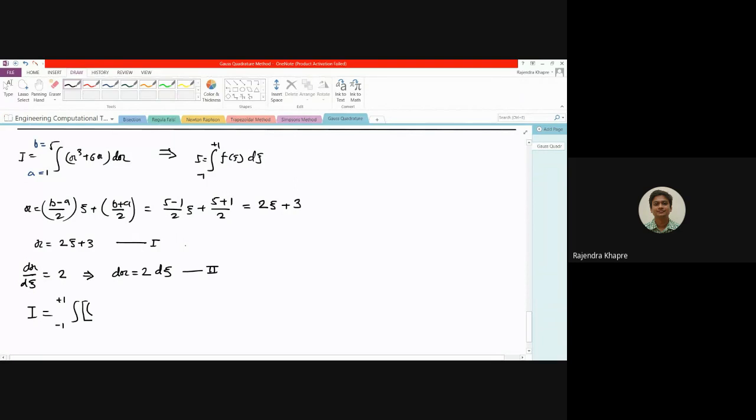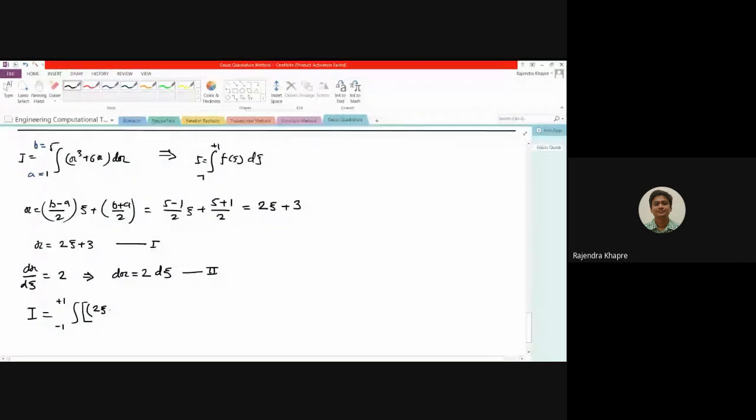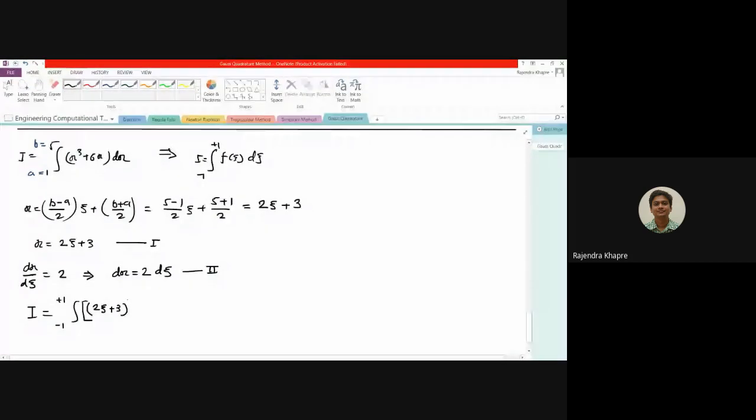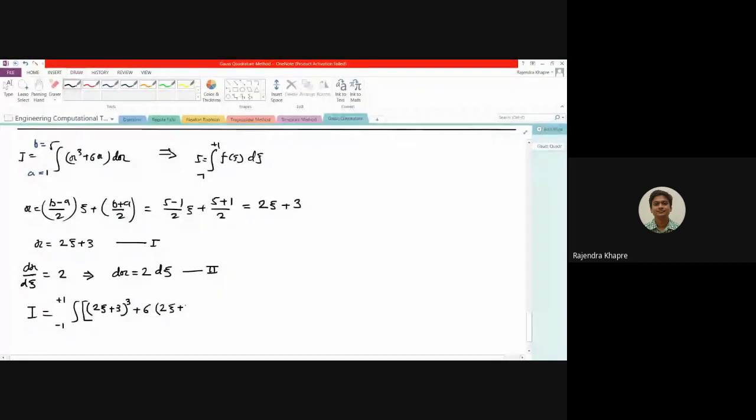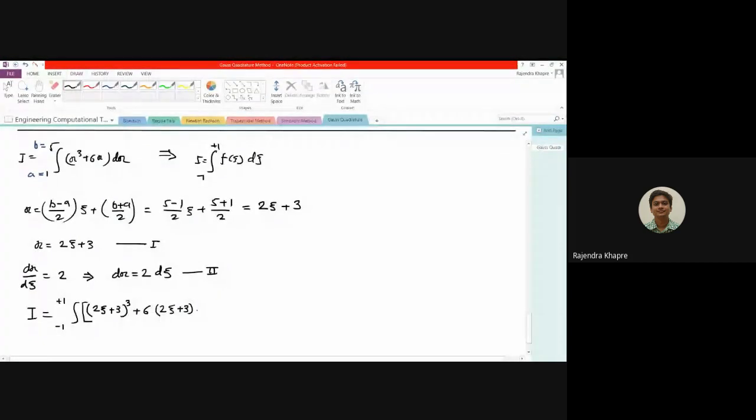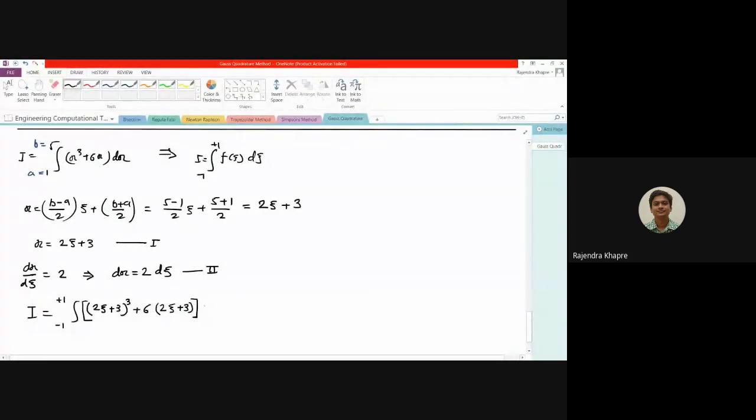So in place of x to the power 3, I am going to write 2 times xi plus 3 to the power 3, plus 6 times x, so x is nothing but 2 times xi plus 3, into dx, and dx is nothing but 2 into d xi. I hope this is clear to everyone.